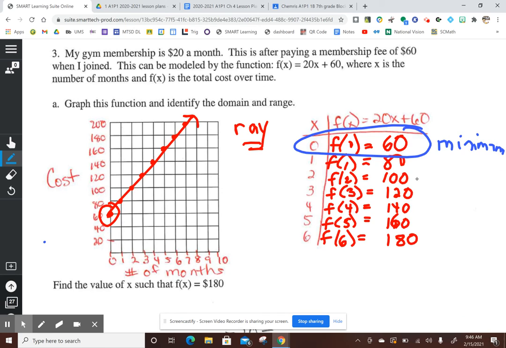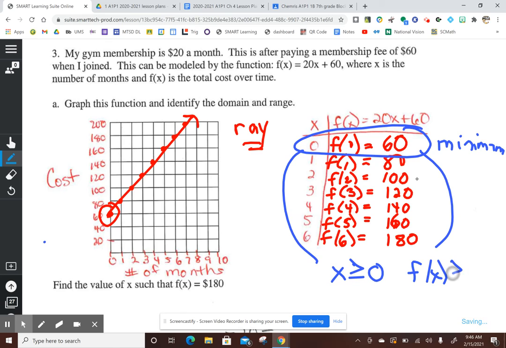So we can say x has to be greater than or equal to 0, y, or f of x, has to be greater than or equal to 60. We can look at the graph. What's the minimum x? It's 0, because this end point is 0, 60. That tells us x minimum is 0, y's minimum is 60. So that's how we figure out the domain and range.